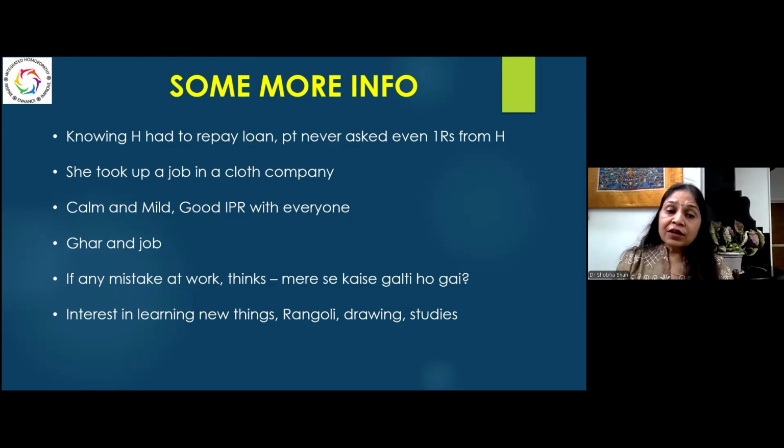She also said that if at work I make some mistake and I'm scolded or my mistake is pointed out, then I really feel bad about it for 1 or 2 days, thinking, how did I make such a mistake? And then she will try to be careful next time. She also has interest in new things like rangoli, drawing, studies, etc. So this was some more info.